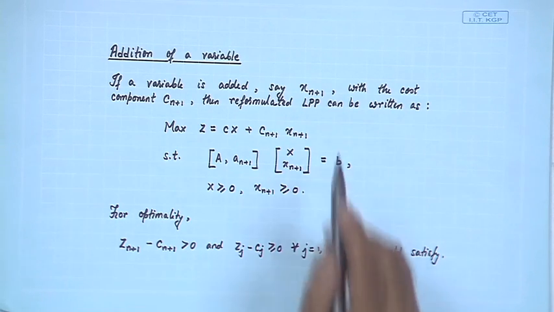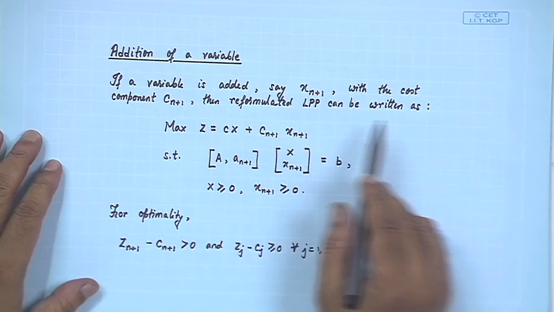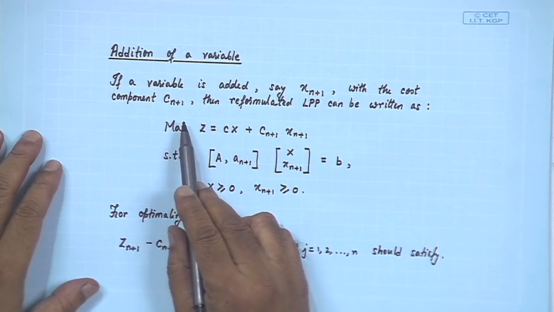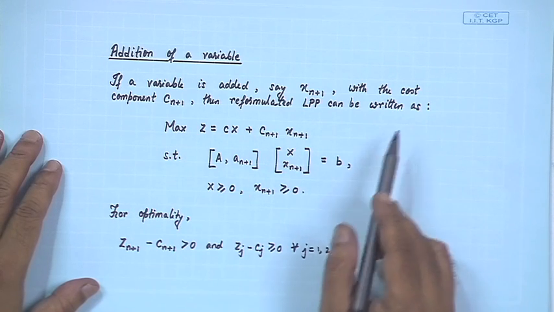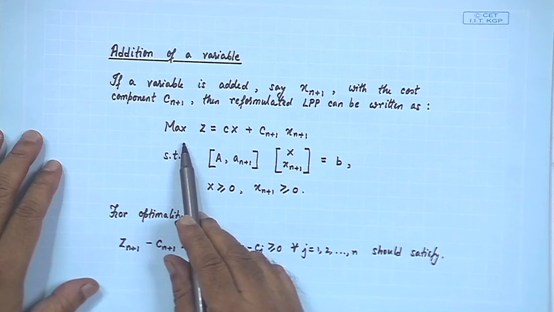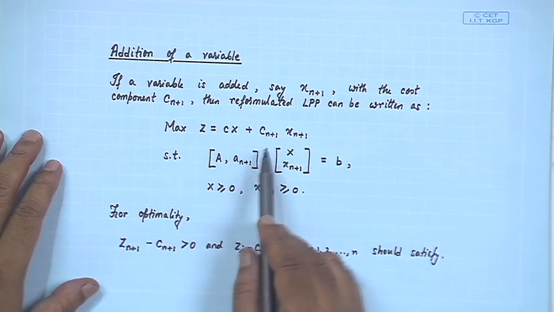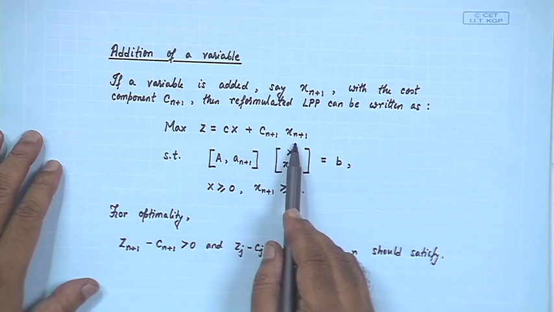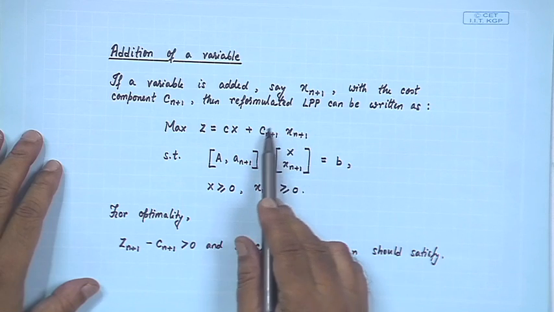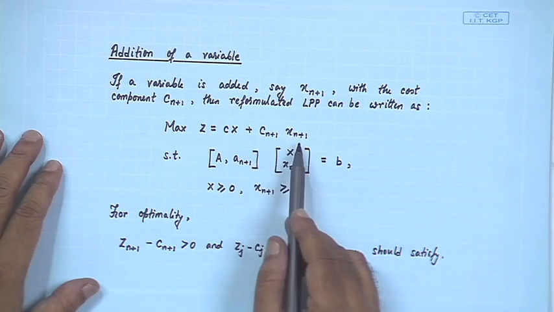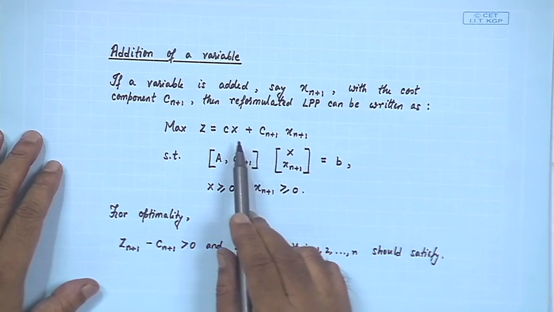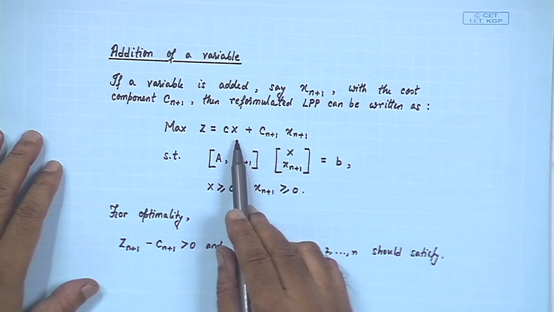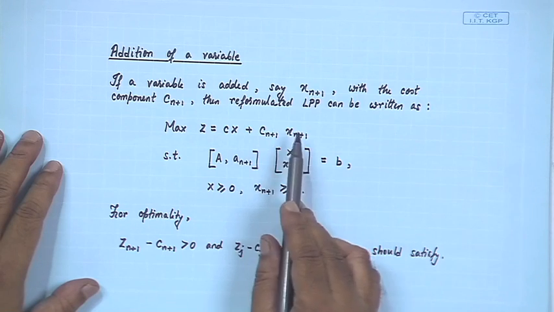Suppose a variable is added, say x n plus 1 with the cost component C n plus 1, then the reformulated LPP can be written as maximize z equals C x plus C n plus 1 into x n plus 1. One variable is added. Earlier there were n variables x 1 to x n, now I have added x n plus 1.